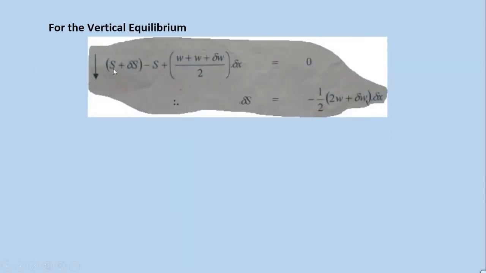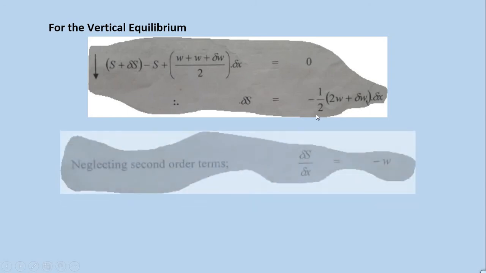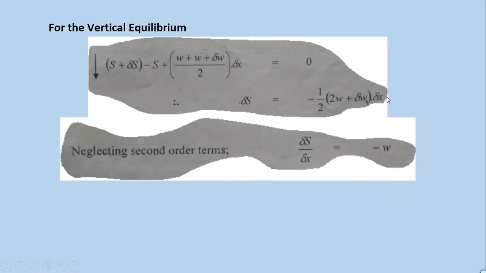So in this equation, S plus delta S minus S equals (w plus delta w) over 2, the average intensity over the length delta x, multiplied by delta x to get the resultant force. It is in the downward direction, so it is positive. According to this expression, we can take delta S equal to this expression. You know that we can neglect second order terms.